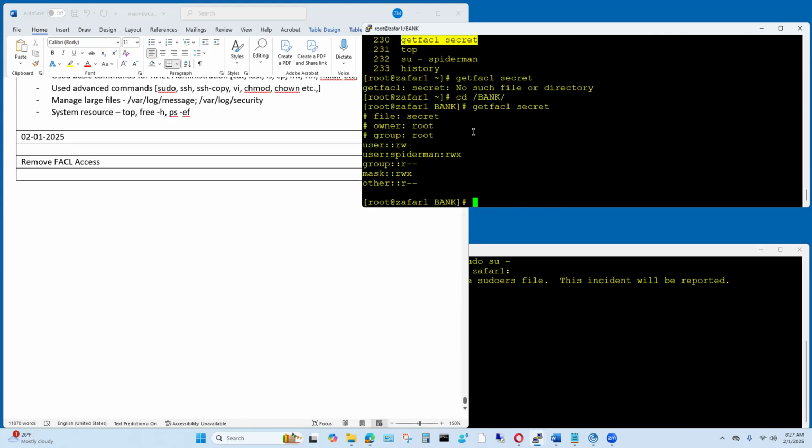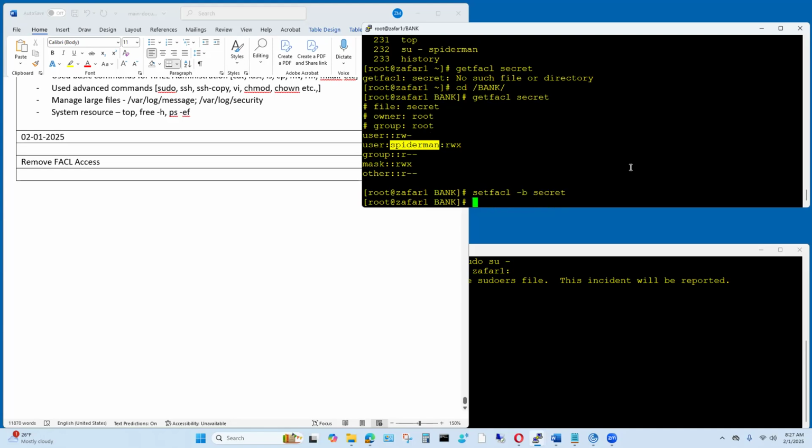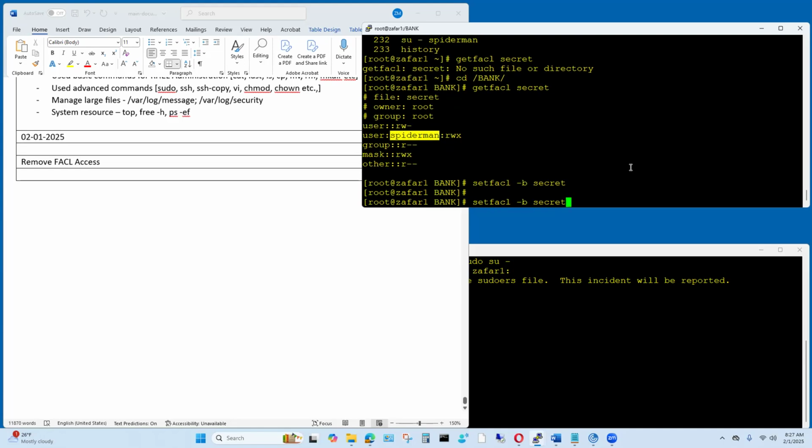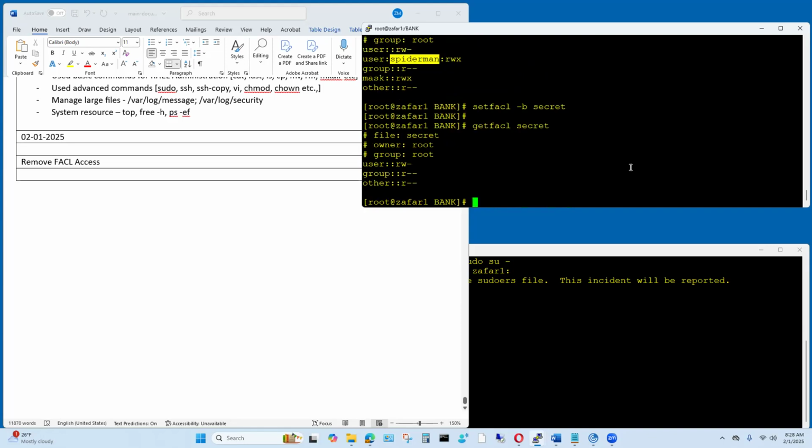Okay, so looks like Spider-Man has access, right? So what you could do is you run this command set faculty hyphen B as in boy, and then hit enter. And then if you do get faculty again, you see the permission has been removed.